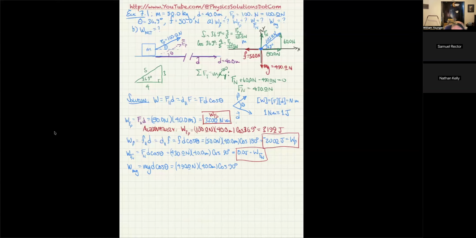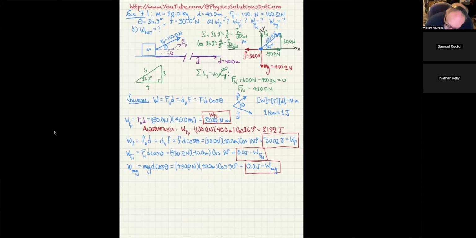The theta is 90 degrees. Again, if you called it positive 90 for the F normal, then you'd have to call the theta of the weight negative 90. Either way, it doesn't really matter. So in this case, we're again going to get 0.0 joules for the work done by the weight mg. So that's all the work done that we were asked to do in part A.